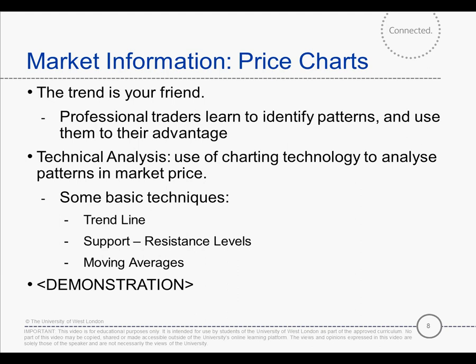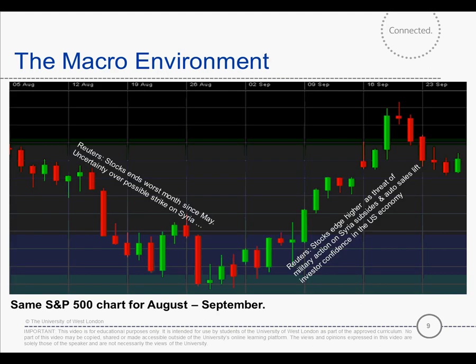But you have to keep in mind that price is a reflection of the market consensus about what the asset is worth at that moment in time. And the market consensus, or what the market thinks is the value of the asset at a moment in time, and especially at future moments in time, is determined by a whole range of other factors, not least the macro environment.